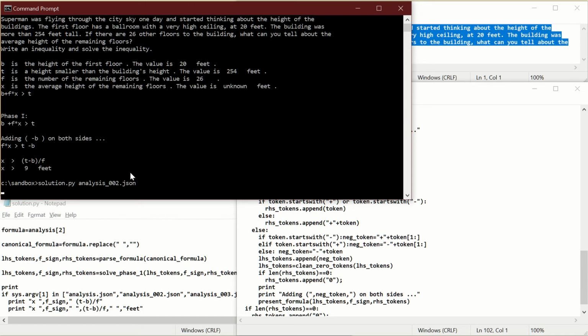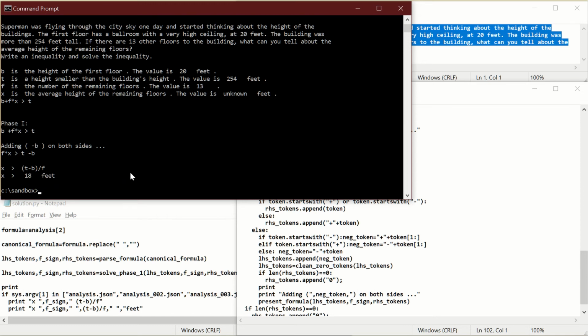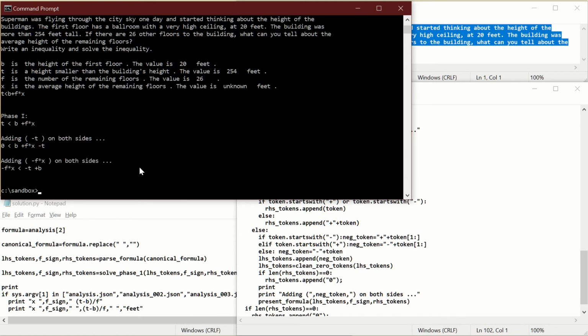Second test, it is correct as well. Third test, correct as well. Fourth test, again correct. Fifth test, this should be different.